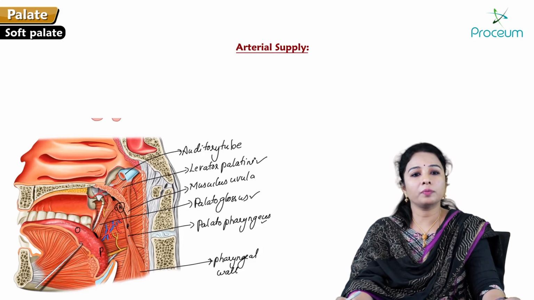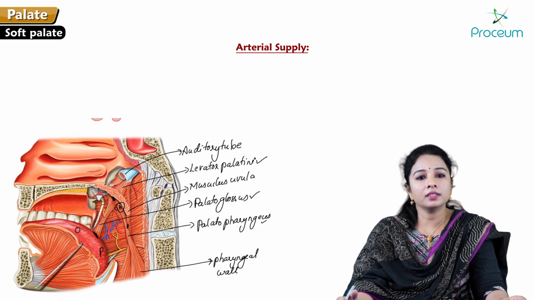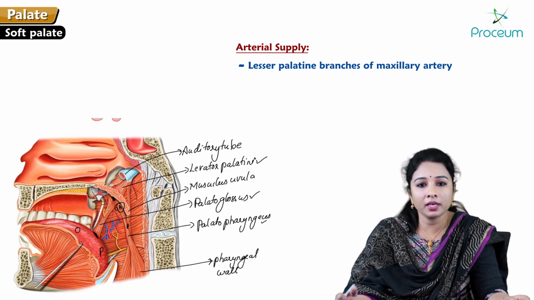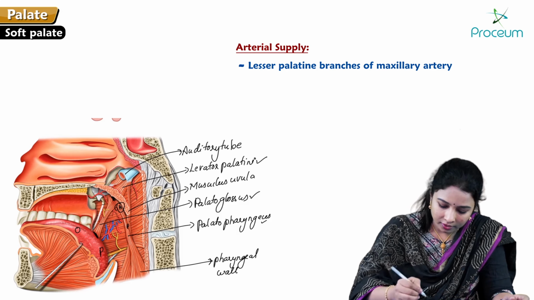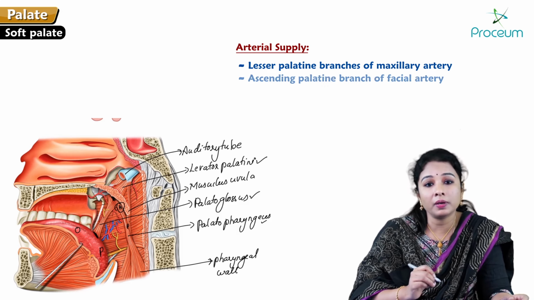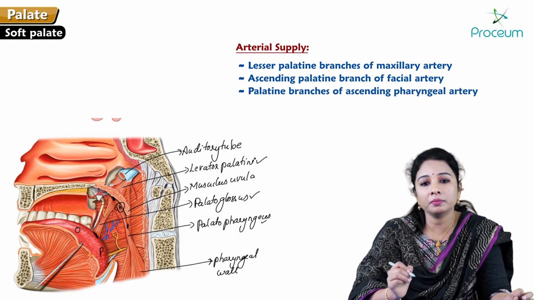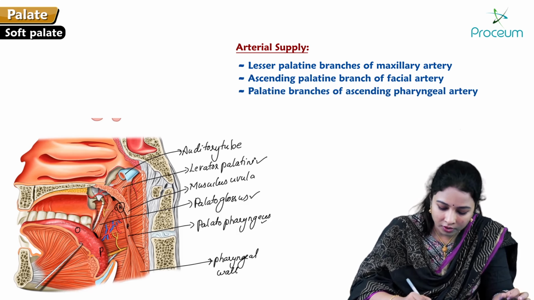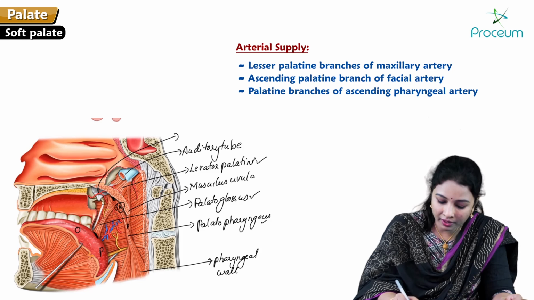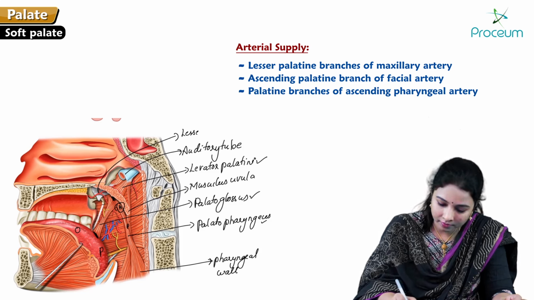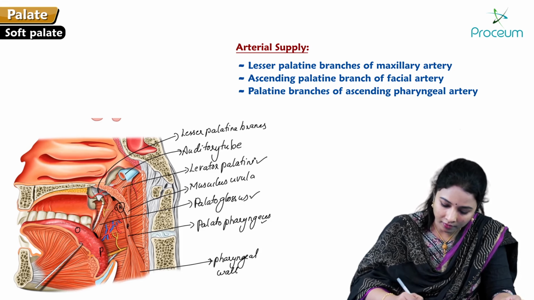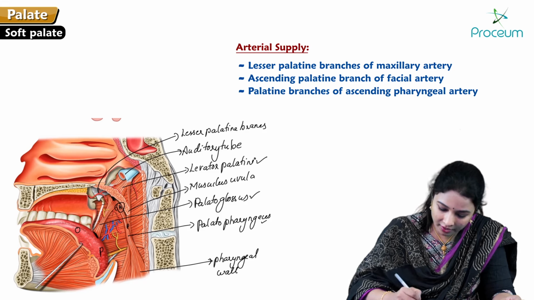Blood supply of the soft palate. The arterial supply is from the lesser palatine branches of the maxillary artery, and also the palatine branches of the ascending pharyngeal artery and the ascending palatine branch of the facial artery. So here we can see the lesser palatine branches, and we can see the ascending pharyngeal artery as well.